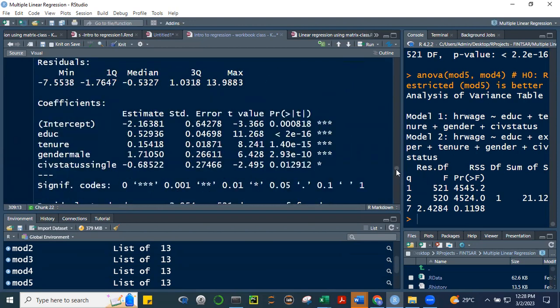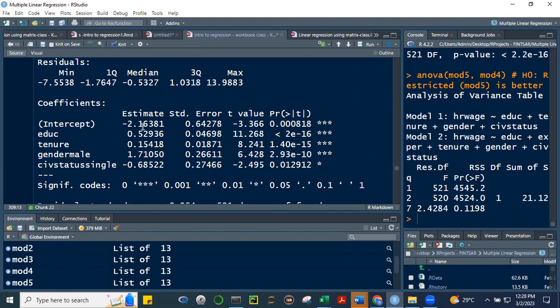Okay, so ang final model natin is ito. Ang equation natin, hourly wage is equal to negative 2.16381 plus 0.553 times education, plus 0.154 times tenure, plus 1.721 times gender, minus 0.68 times civil status.